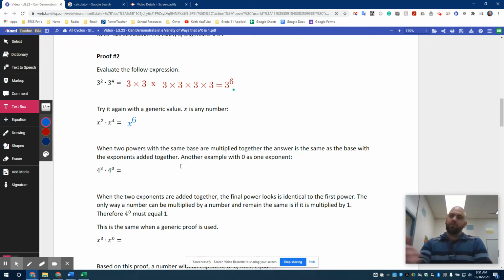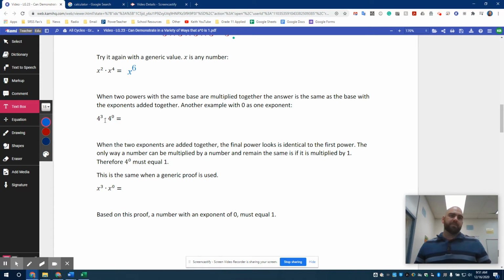Now, let's do an example where we deal with an exponent of 0. So 4 to the power 3 times 4 to the power of 0. Using the same idea that we came up with earlier, 4 to the power 3 is 4 times 4 times 4.